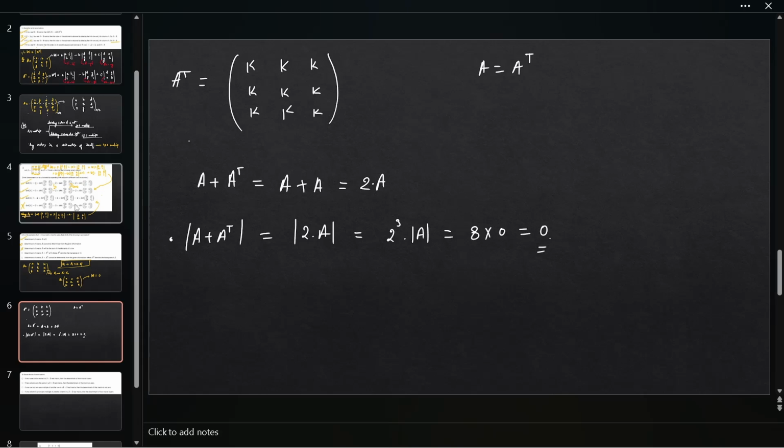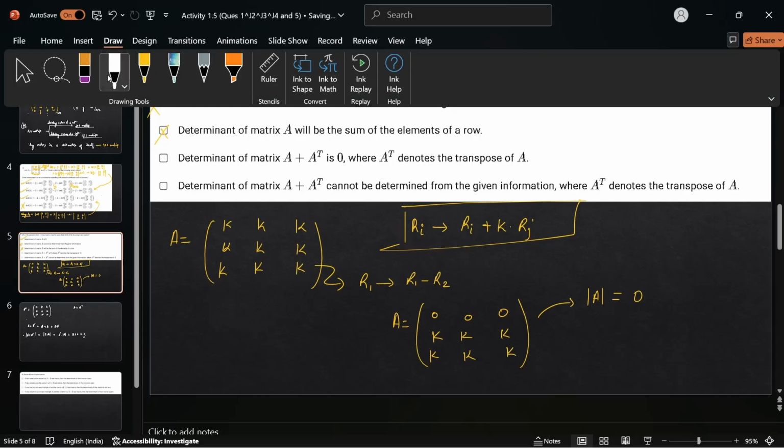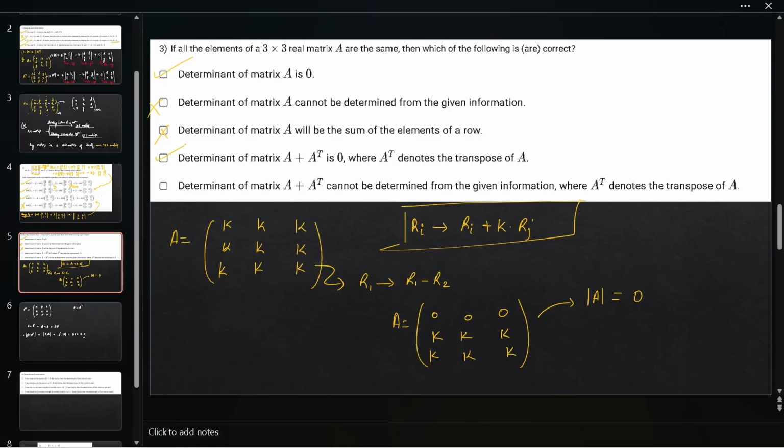So the determinant of A plus A transpose is also equal to 0. So option number 4 is correct.